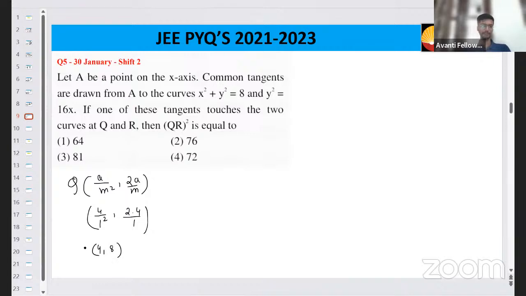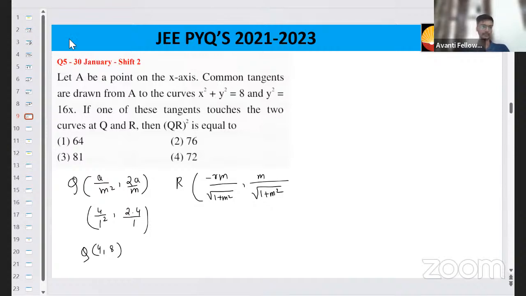And if you remember from the circle chapter, again the point of contact, we can directly get. I hope you remember, it is minus r into m upon under root of 1 plus m square, comma, r upon under root of 1 plus m square.